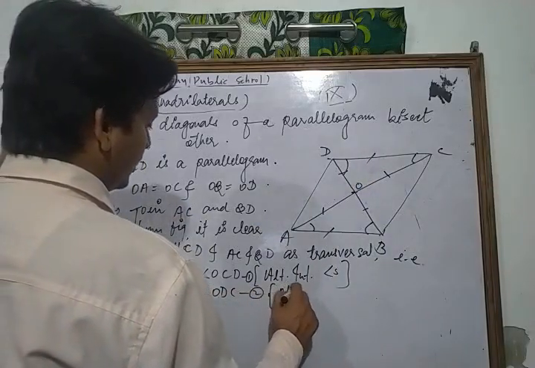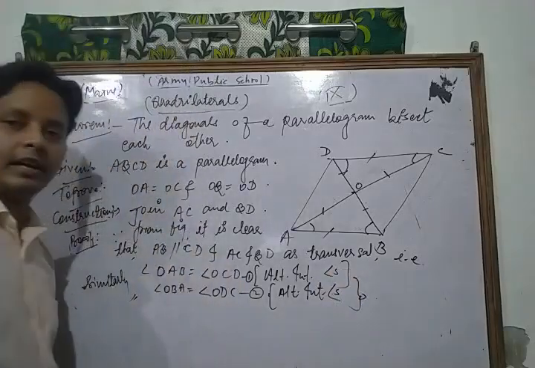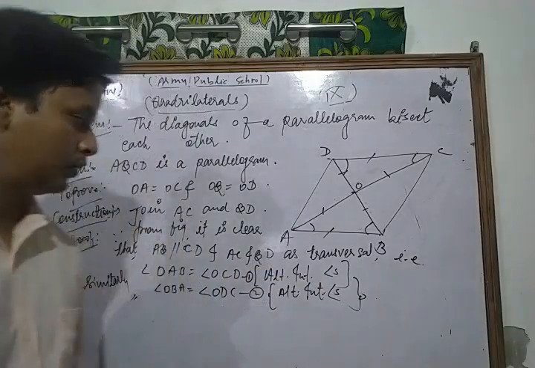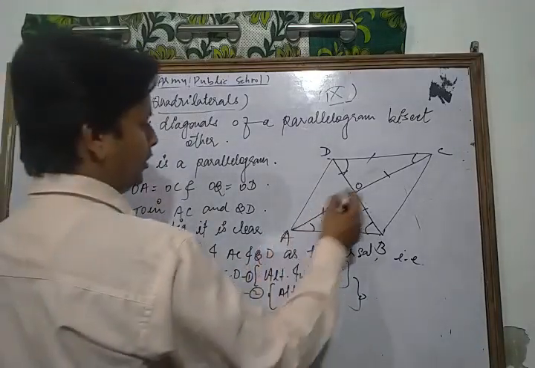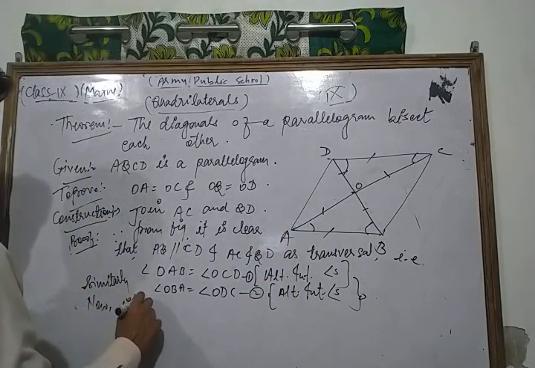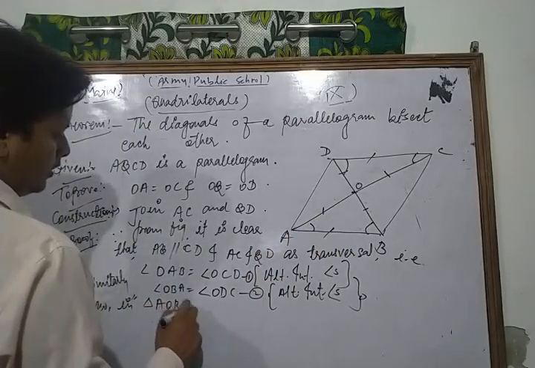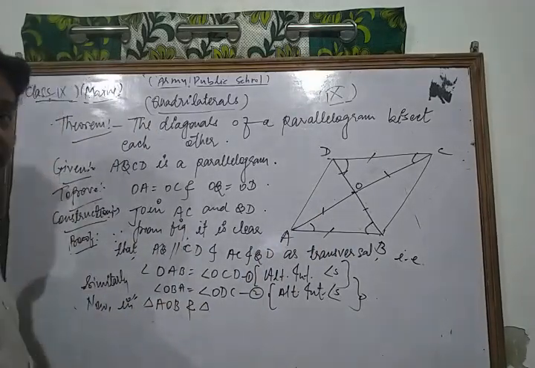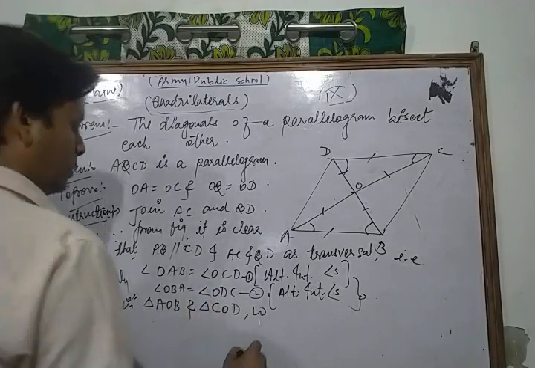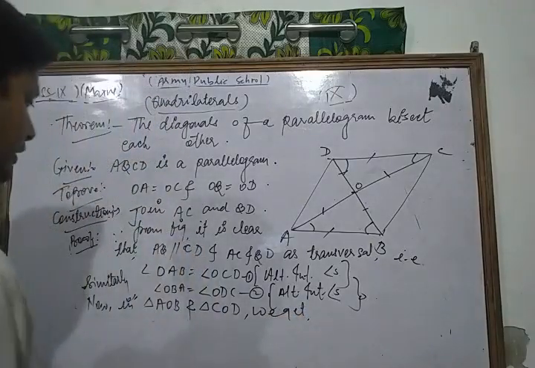These are also alternate interior angles. Now we take triangle AOB and triangle COD, what do we get? Let's see.